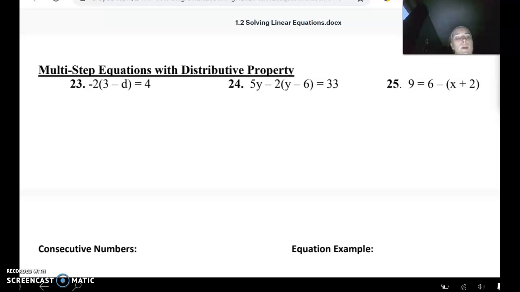For number 23, I see that -2 outside of the parentheses. So that -2 needs to be distributed. -2 times 3 gives us -6. And -2 times -d gives us +2d, and that is equal to 4.